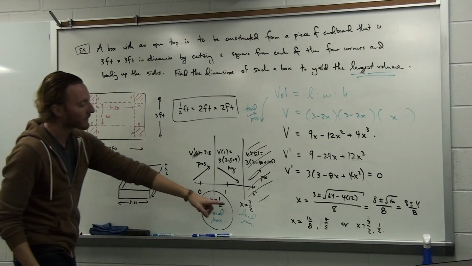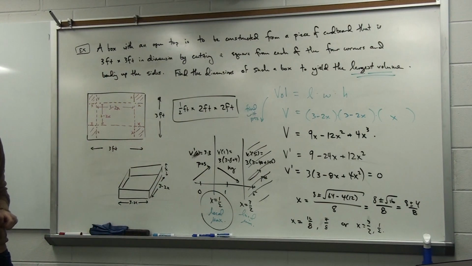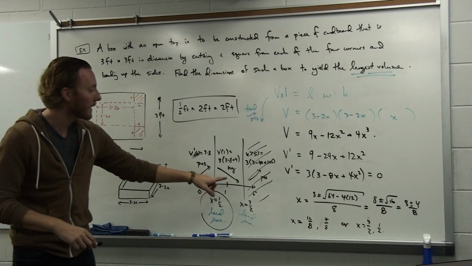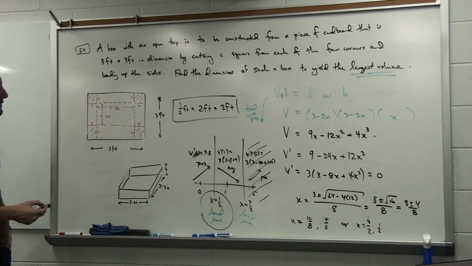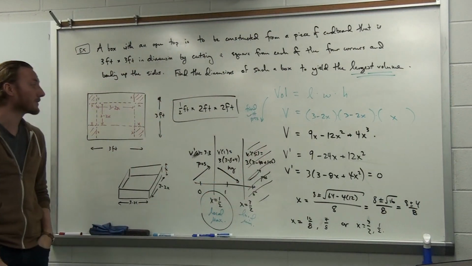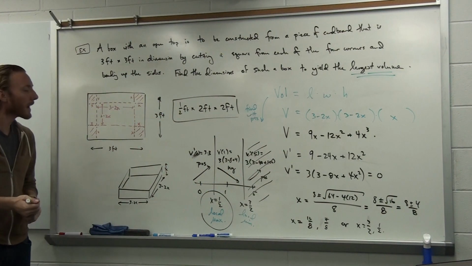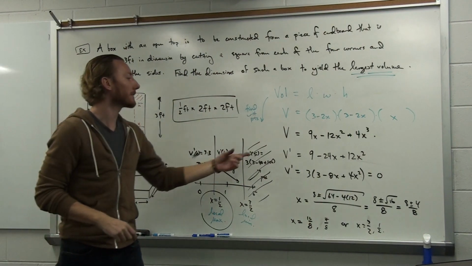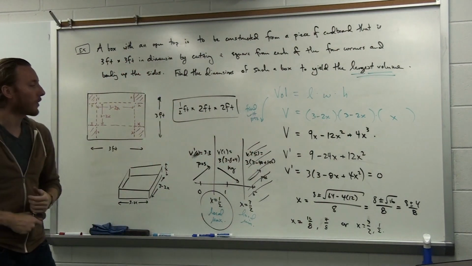And in fact, the 3 halves is what we observed initially was where the volume would be 0, and that is the minimum possible volume, which makes sense. The x's that are to the right of 3 halves don't make sense within the context of the problem, in spite of the fact that mathematically they are values along this function.